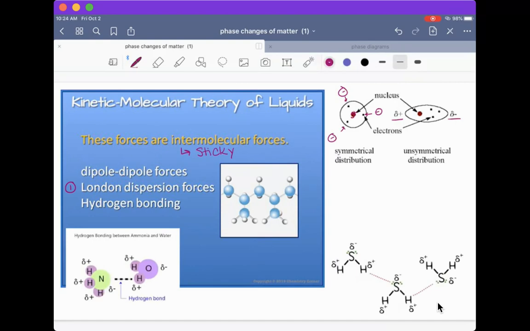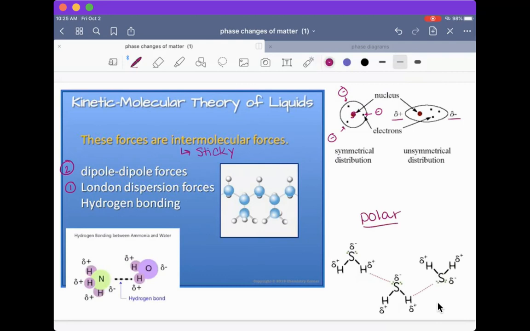The second type of force is called a dipole force. A dipole force is an attraction between partial charges, but this is a constant partial charge, and we're going to talk about what makes something have these partial charges when we get into chemical bonding, but they're called polar. They are polar bonds or polar molecules.